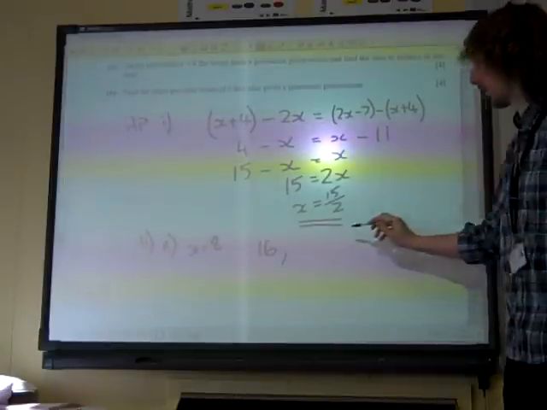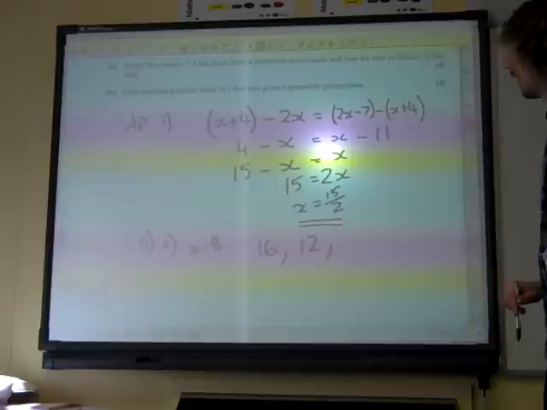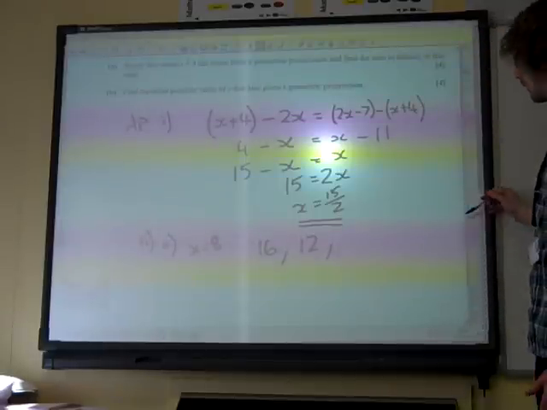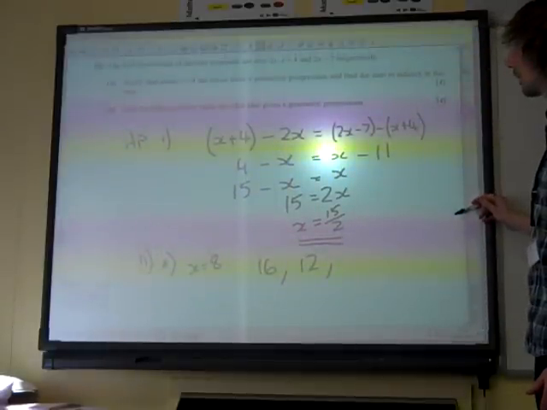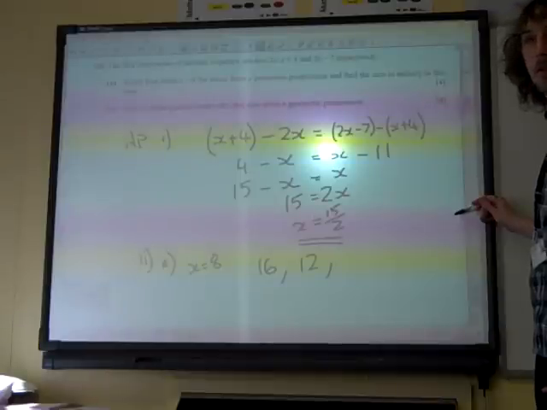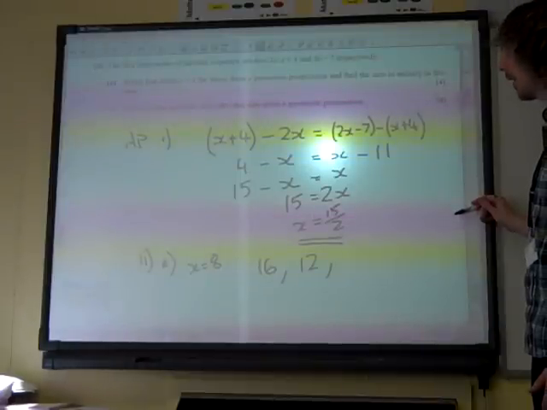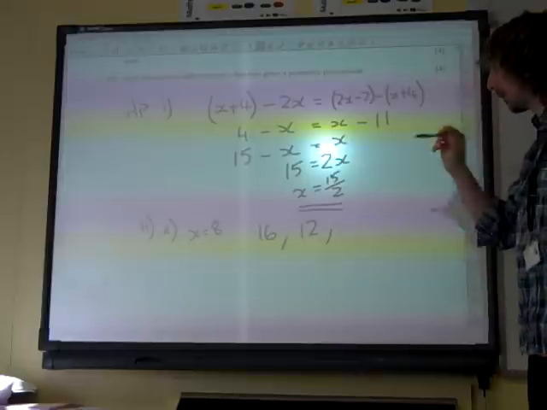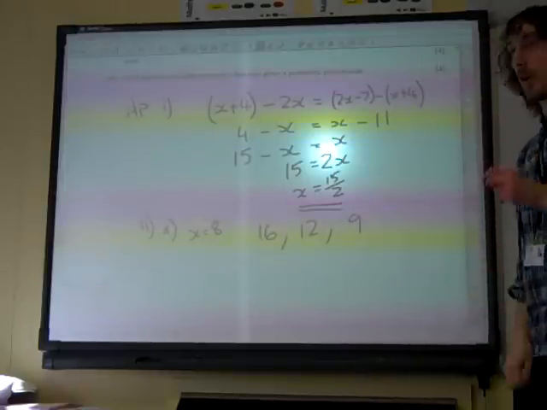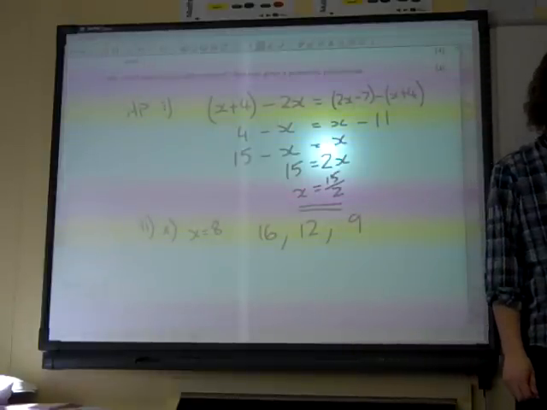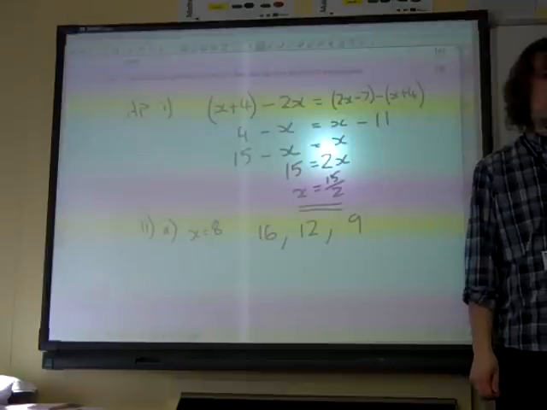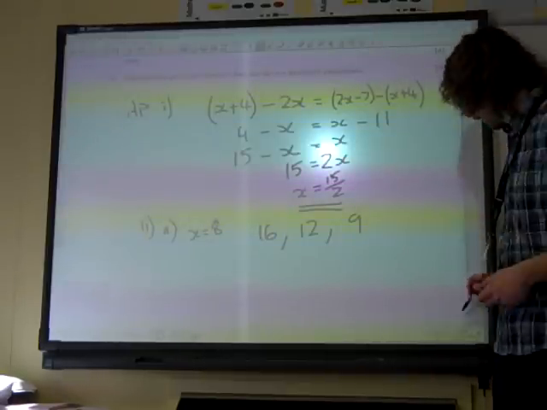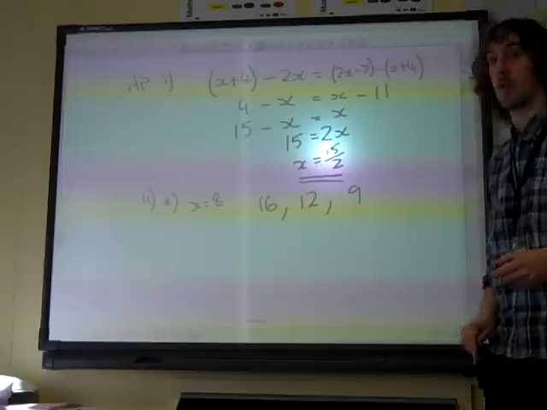That's 8 plus 4, so that's 12. And the next term would be 2x minus 7, so that's 16, take away 7 is going to be 9. So that's our sequence. Okay.